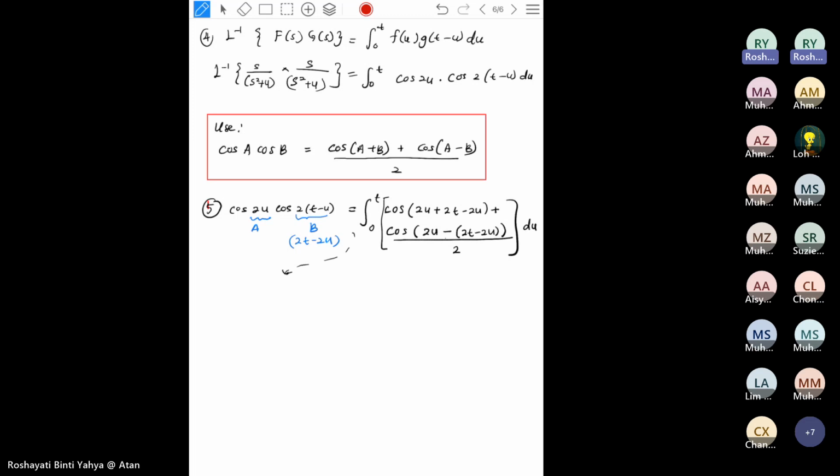Continue here. Equal to integration 0 to T of 1. So take half out of the bracket cos. Okay, now can cancel this.